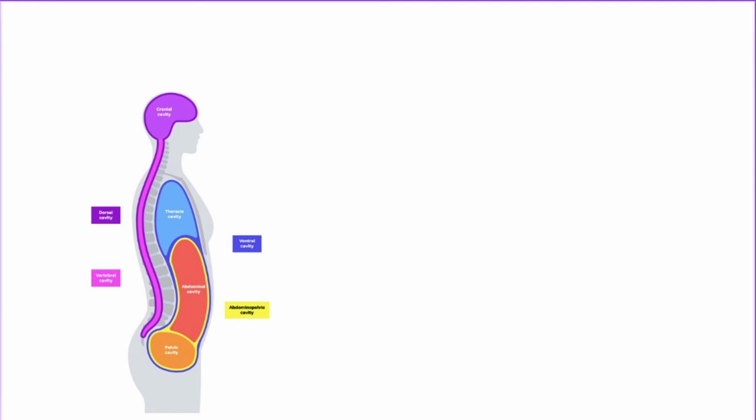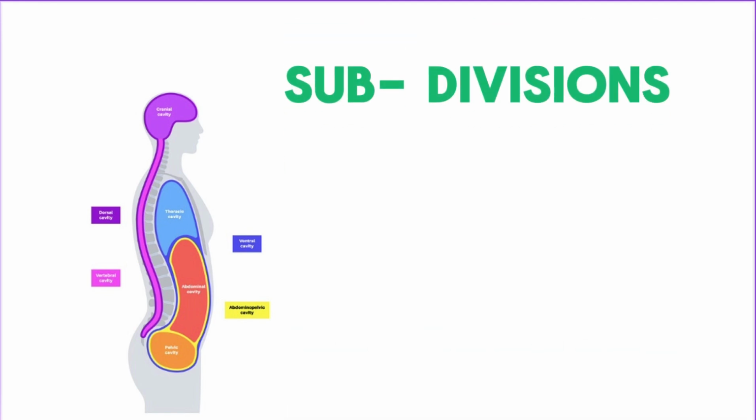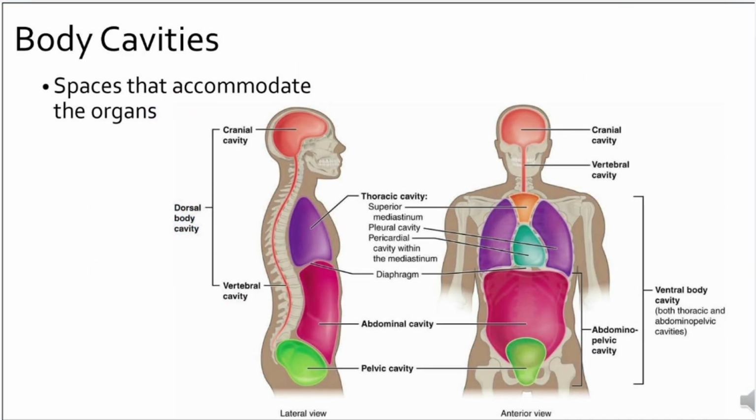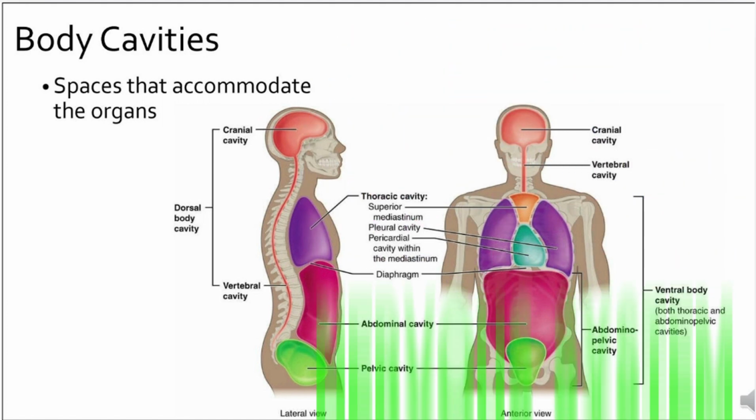So now since you understood the two main types of cavities, let's move on and talk about the subdivisions of these two cavities. The dorsal body cavity is responsible for protecting the organs of the nervous system.